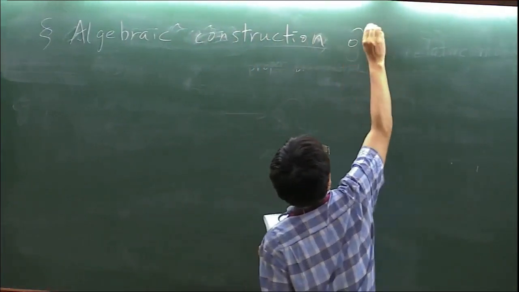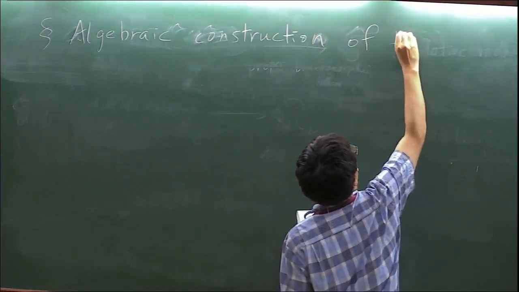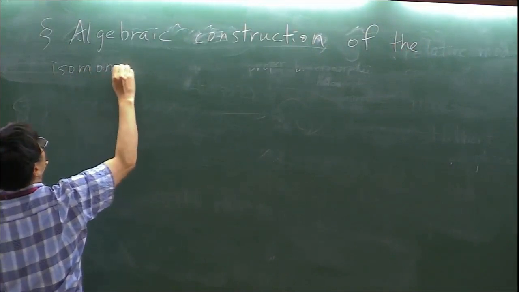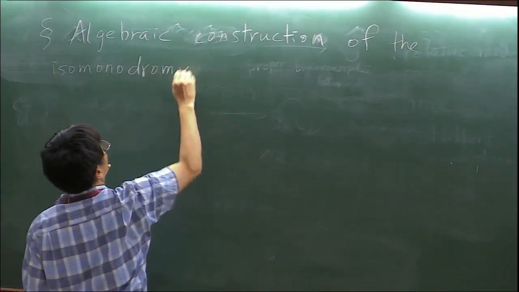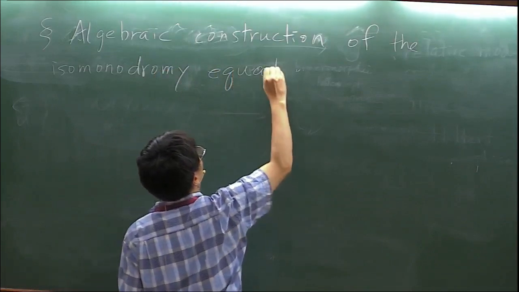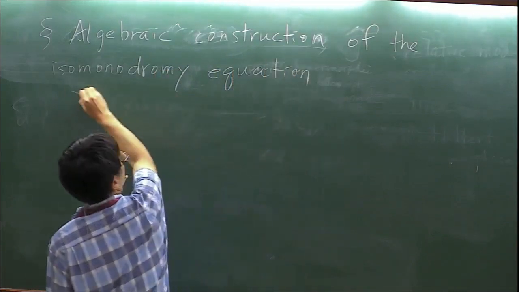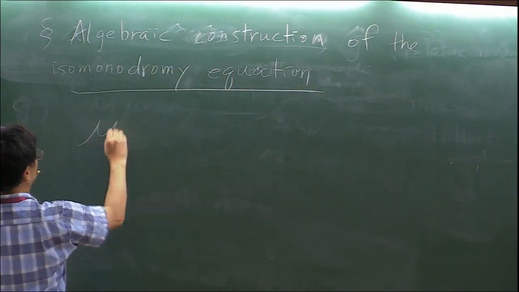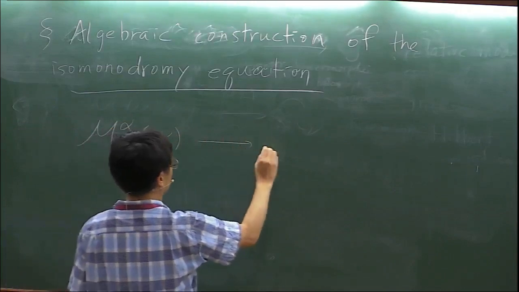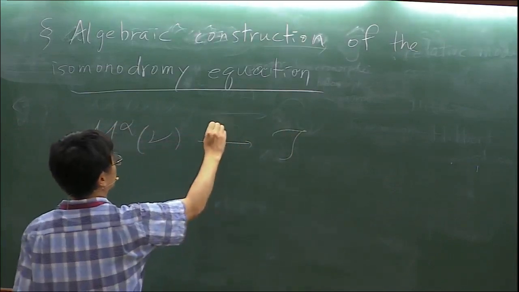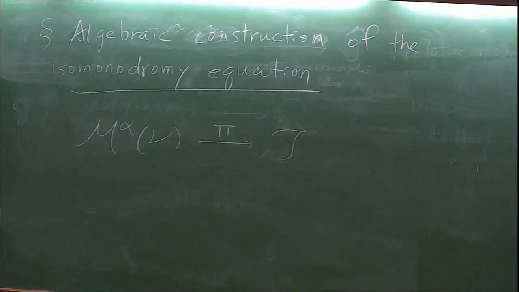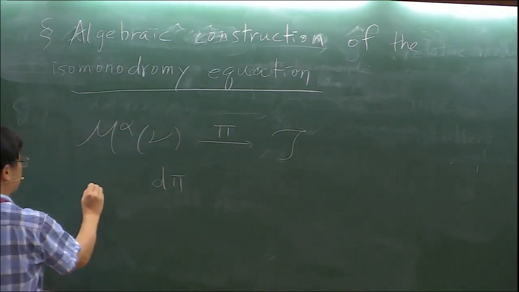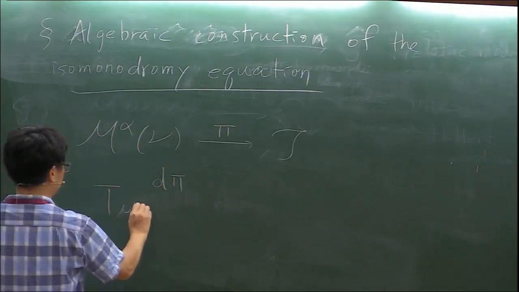Construction of the isomonodromy equation. So there is a family of moduli spaces of connections, and we write it pi. Then there is a differential, a tangent map between the moduli spaces.